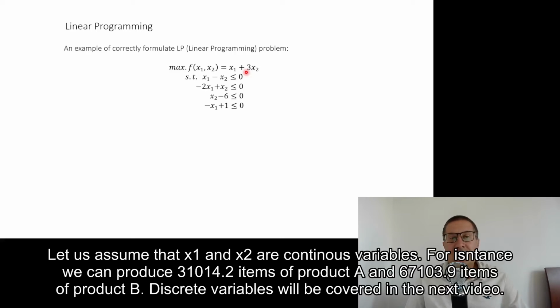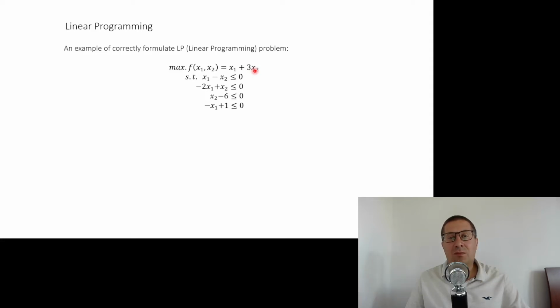Let it be that x1 is the number of produced items of product A, and x2 is the number of produced items of product B. Or, by analogy with the balloon factory, the number of inflated balloons type A and type B. But maybe let's stick to the number of items of products.